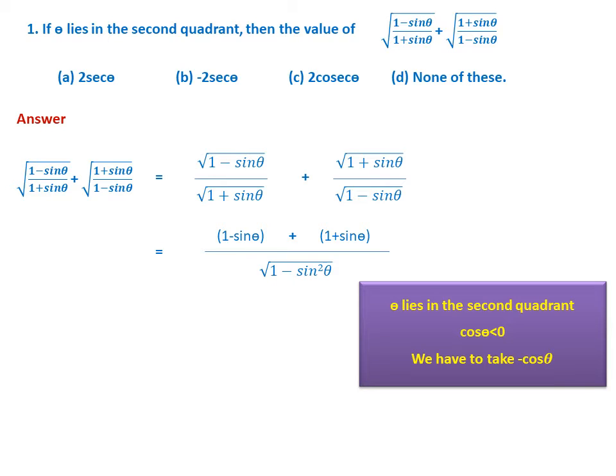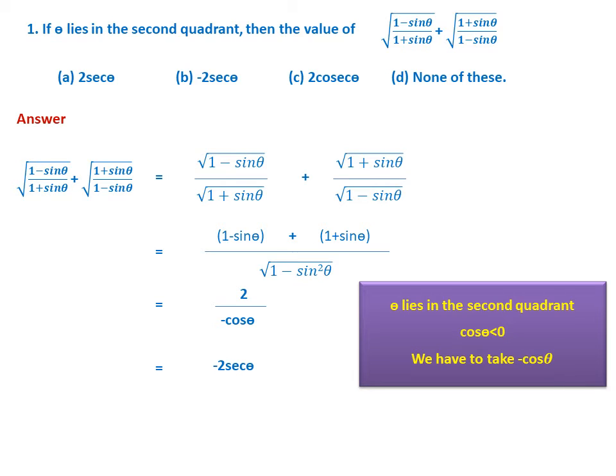That condition is given: theta lies in the second quadrant. Therefore, mod cos theta you have to take. Since theta is in the second quadrant, you have to take minus cos theta, because in the second quadrant it is negative, so that minus of minus becomes plus.